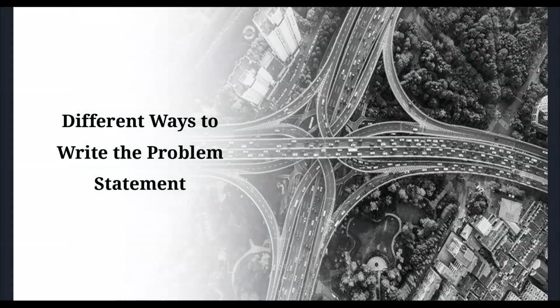Okay, so now you know what kind of information must be included in your problem statement. So it is time to look at different courses of action to assure the creation of that piece of information.